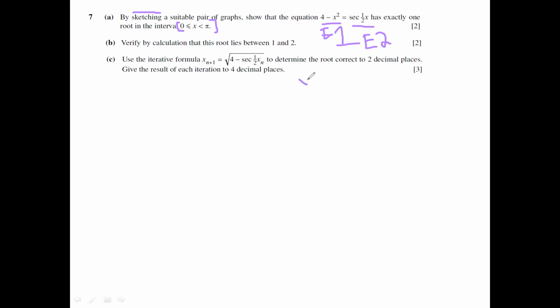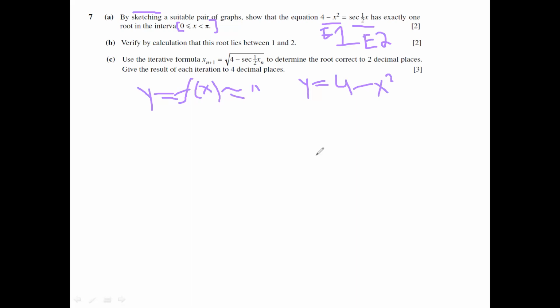We know that we can take a function of x to be equal to y. So y equals 4 minus x squared is our first equation.